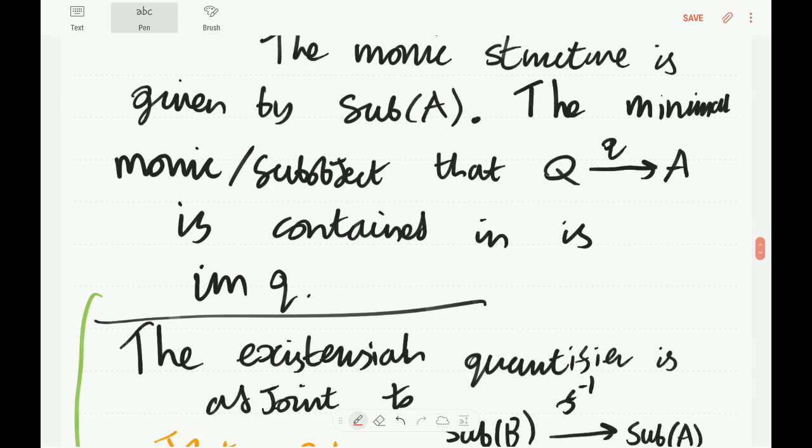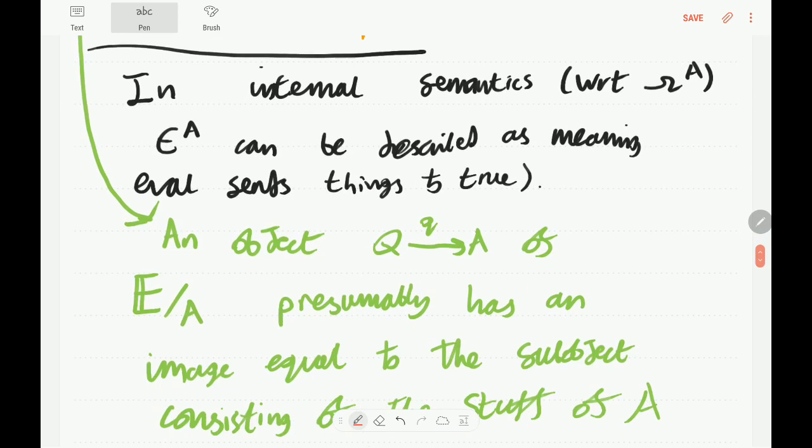Anyway, another thing to say about this relationship: remember in this slice category, we can think about these fibers.